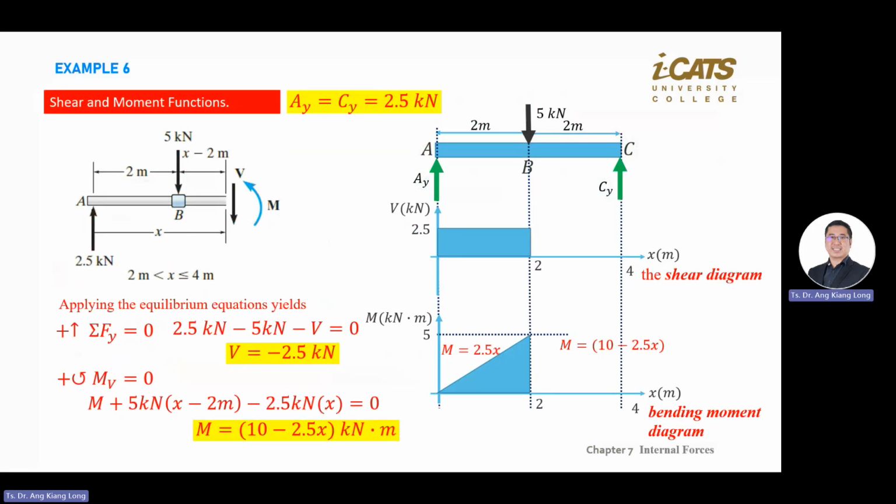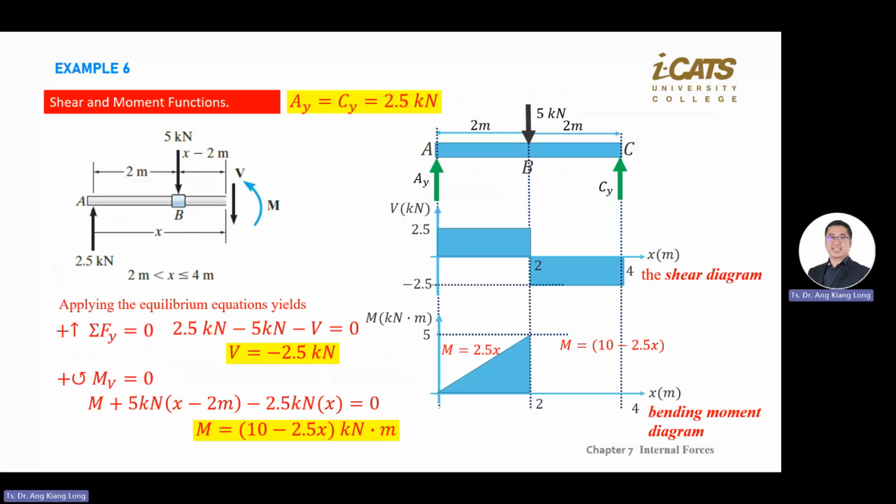Transfer these two pieces of information into the graph. How? Here, it's like y equal to minus 2.5. So here you start from 2, so 2 minus 2.5 goes to minus 2.5. Draw a line and then highlight with the pencil.